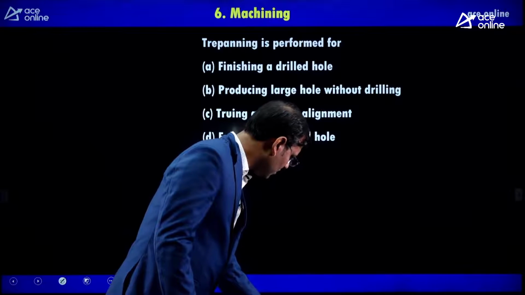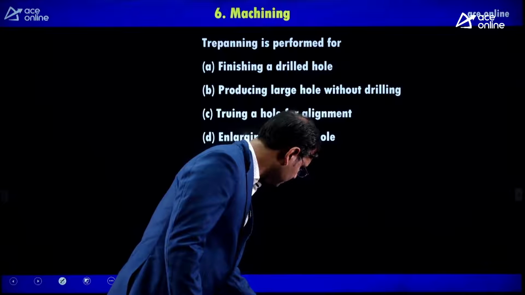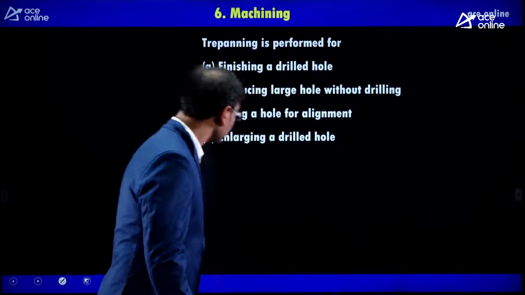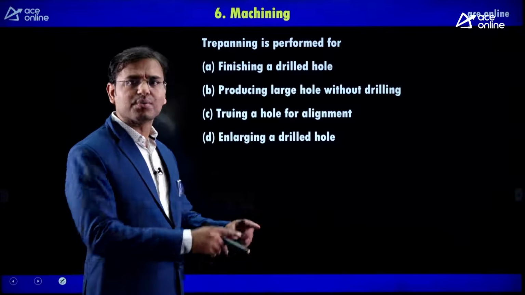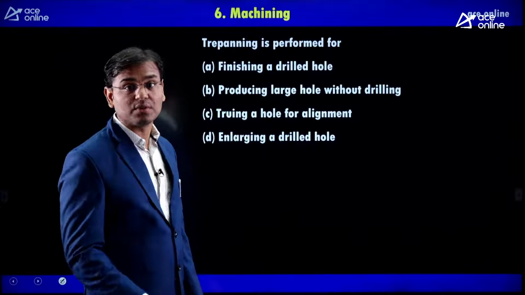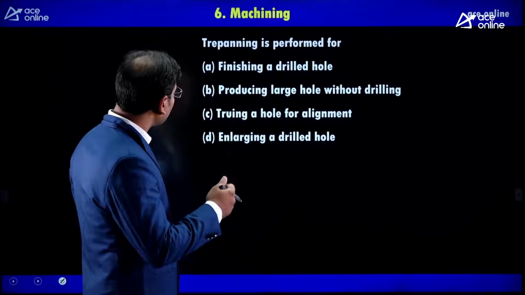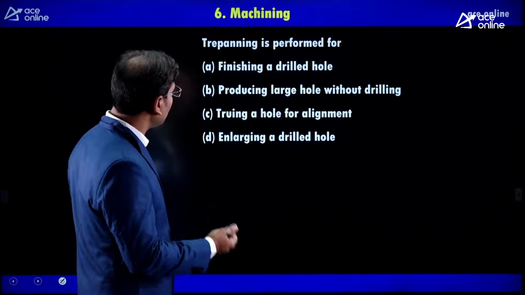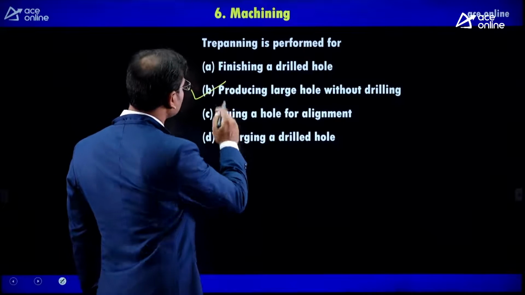The first question is a very good question. Trepanning is performed for, guys, if we have to produce a very big hole, not blind but a through hole, then we can produce that hole without drilling. Trepanning is a special operation.